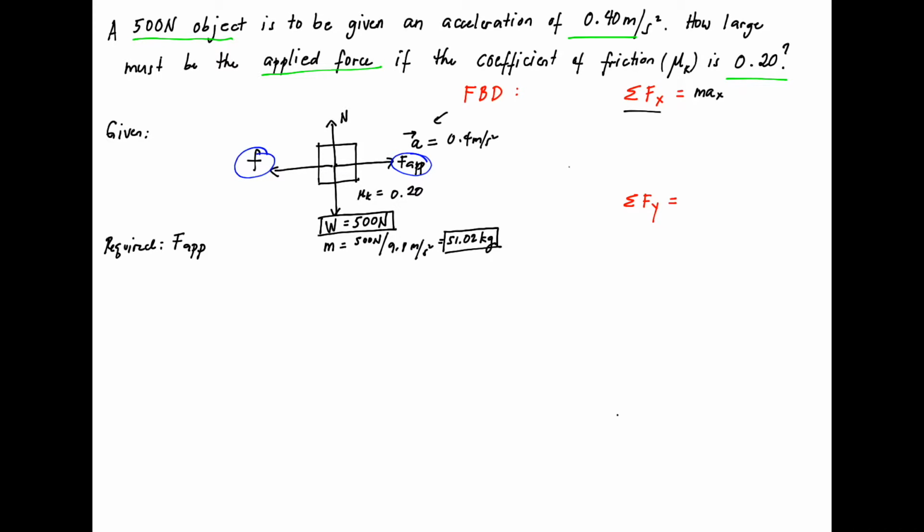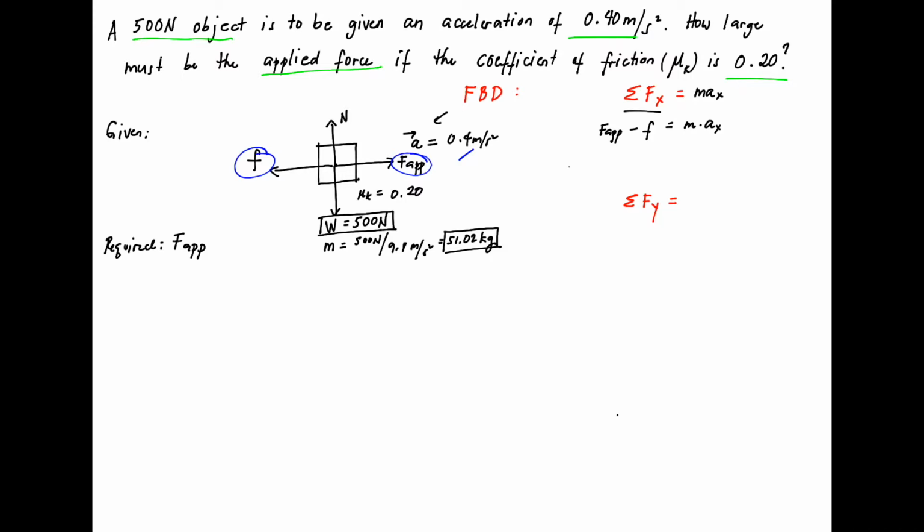So we could write our equation as F up minus the frictional force, minus simply because it is in the opposite side, equals mass multiplied to the acceleration in the x-axis. And we have the value of Ax, which is 0.4 meter per second square.